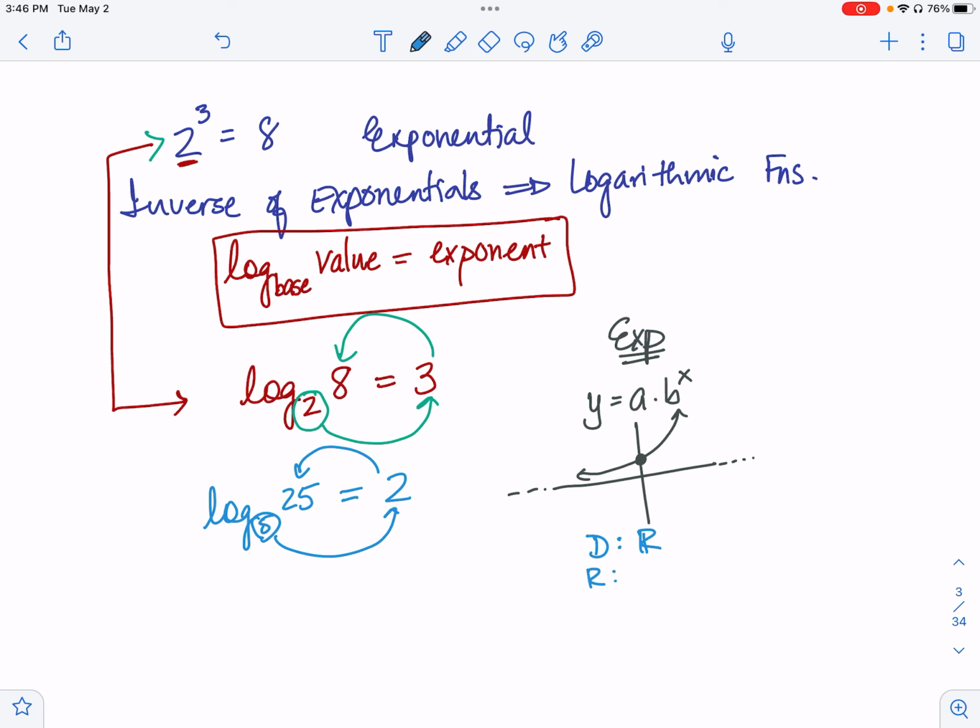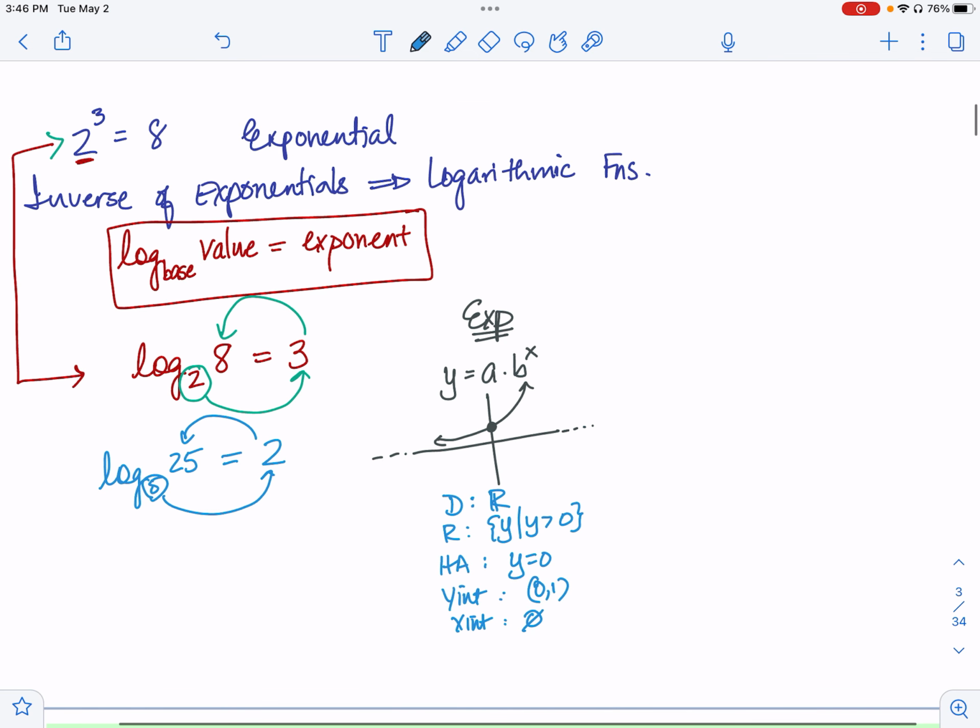The range of an exponential would be y, where y is greater than 0, where 0 is not inclusive. The horizontal asymptote is the x-axis, and the equation to that is y equals 0. The y-intercept of an exponential growth function is 0, 1. And then x-intercept, we wouldn't have any because there's an asymptote there.